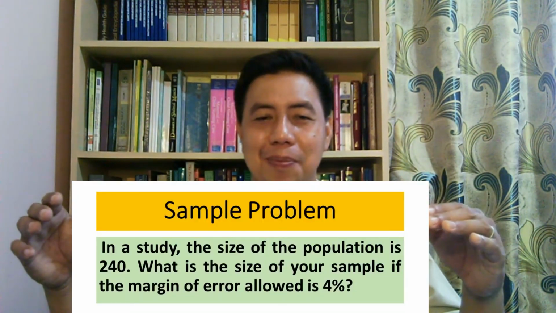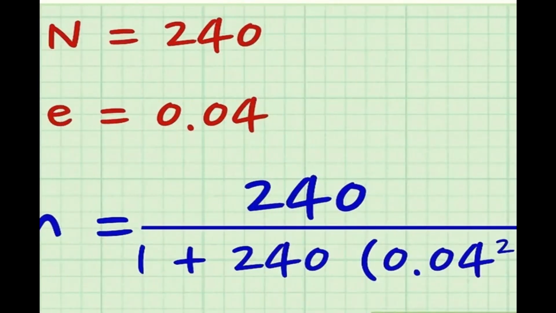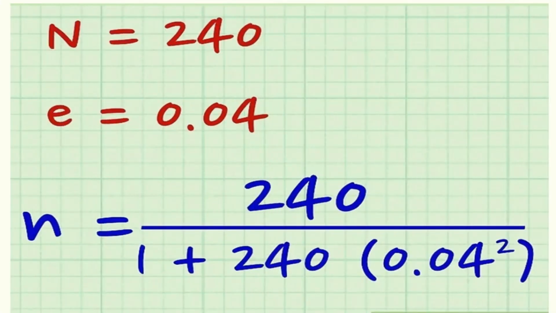So here is our simple problem. Let us apply the Slovin's formula. Now, let us determine first the given values. So N is equal to 240 and e is equal to 0.04. That is 4%.